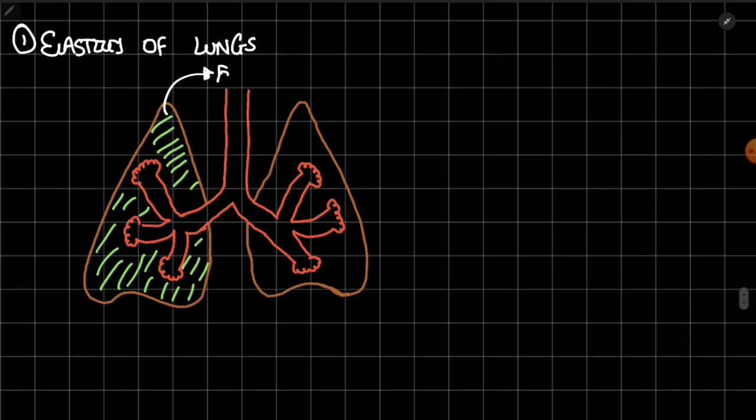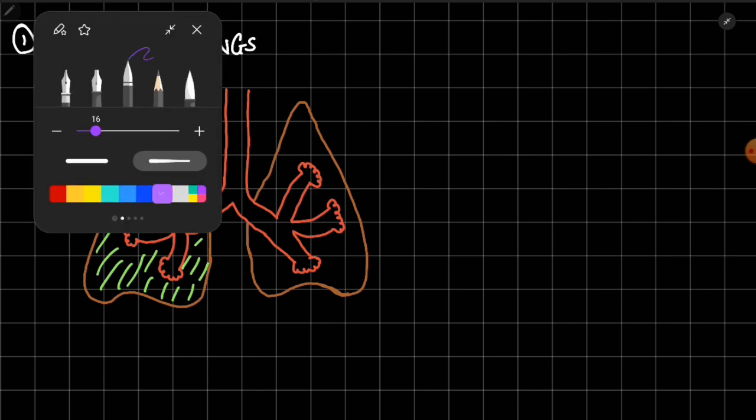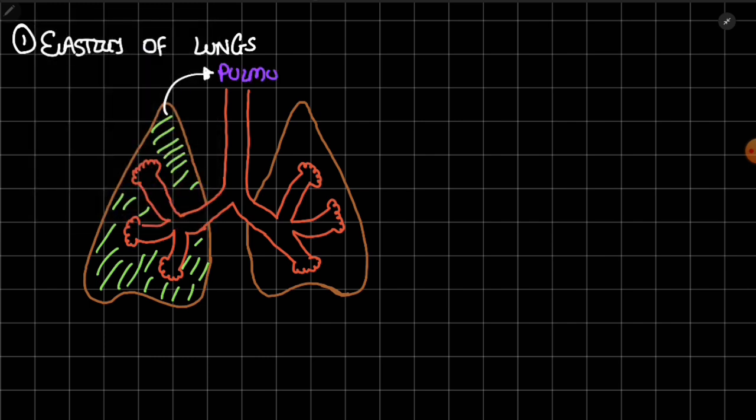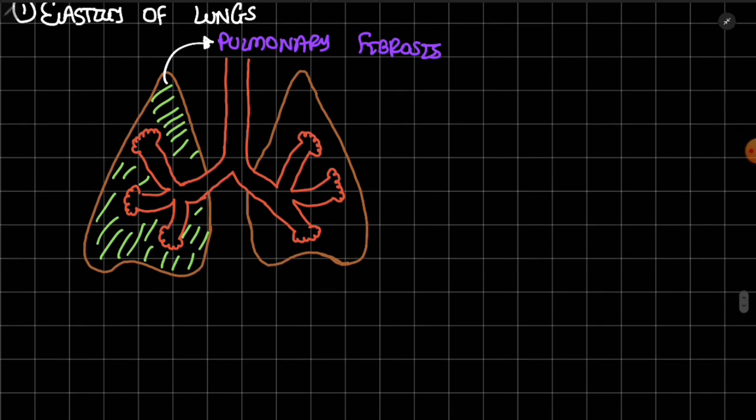Since pulmonary fibrosis has occurred, the lung has lost its ability to grow. Like if air is coming like this, it is going here into the alveoli, but the lung is not able to inflate itself. So what is the use? It is not able to grow.